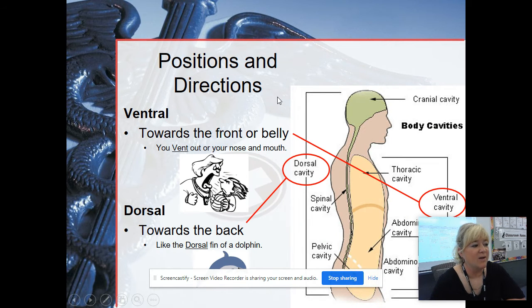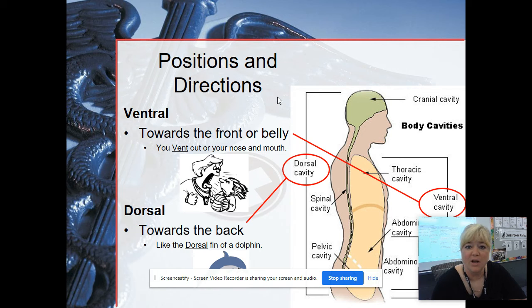All right, and then we've got a little bit more here, ventral and dorsal. Ventral and dorsal on a human being is the same as anterior and posterior. When you have a four-legged animal, then ventral and dorsal is different than anterior and posterior. So for the humans, ventral and dorsal is the same.